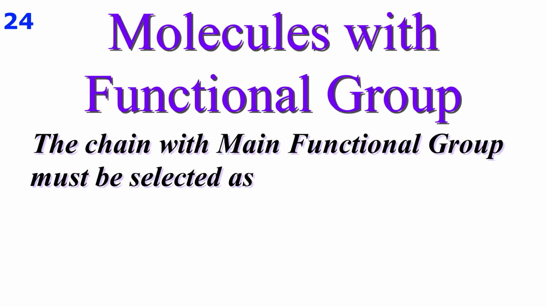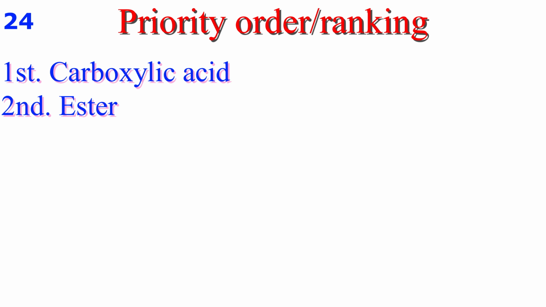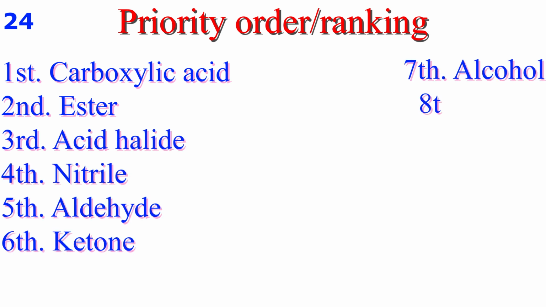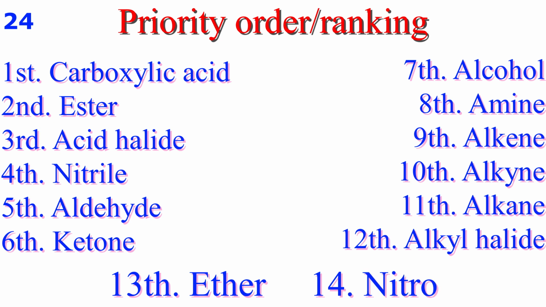Okay, friend? The chain with the main functional group must be selected as the parent chain even though it contains fewer carbons than any other chain without the main functional group, since it has more priority than the double bonds, triple bonds, side chains and other substituents.